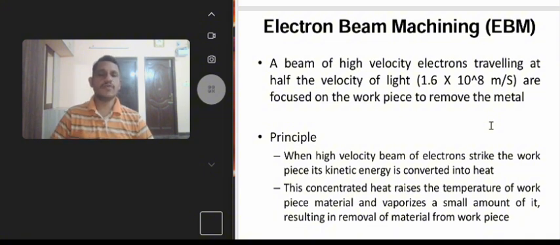First, we are going to see the topic called electron beam machining, which is called EBM. Introduction. In the electron beam machining process, a high velocity focused beam of electrons is used to remove metal from the workpiece.